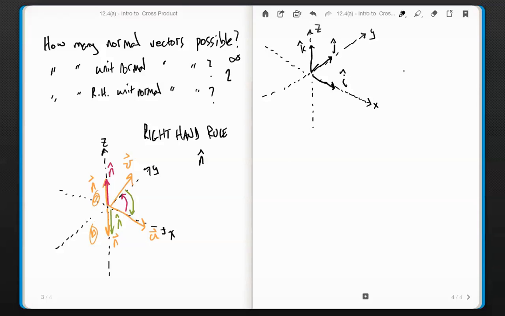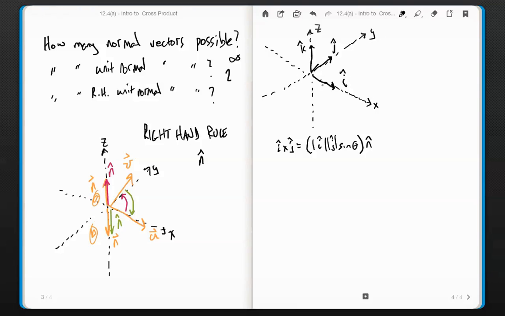So let's quickly take a look at i cross j. So i hat cross j hat would equal the magnitude of i hat times the magnitude of j hat times the sine of the angle between them, and then I have to multiply that by the unit vector that's orthogonal to both, and it has to follow the right-hand rule.